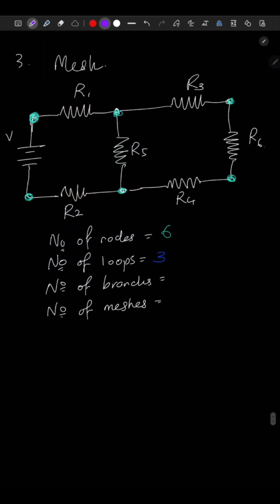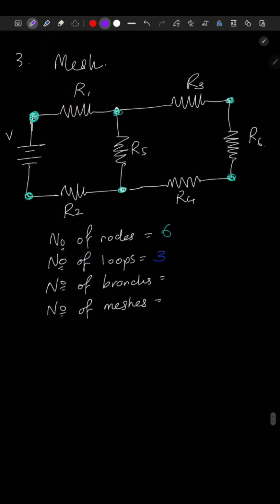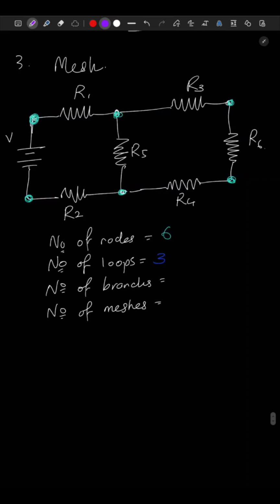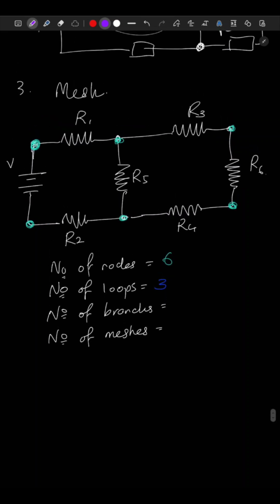And now branches. Count the number of branches. So this is 1, 2, 3, 4, 5, 6, and 7. We have 7 branches.